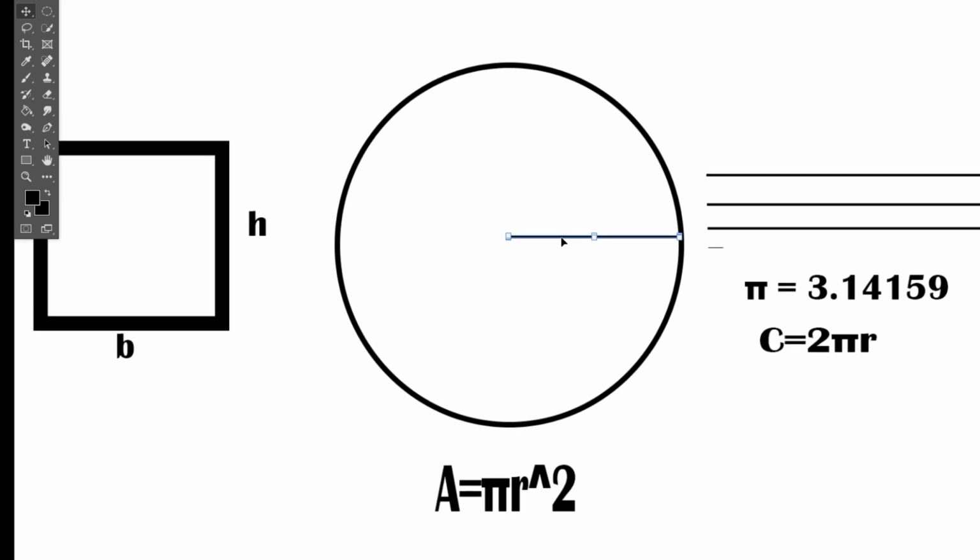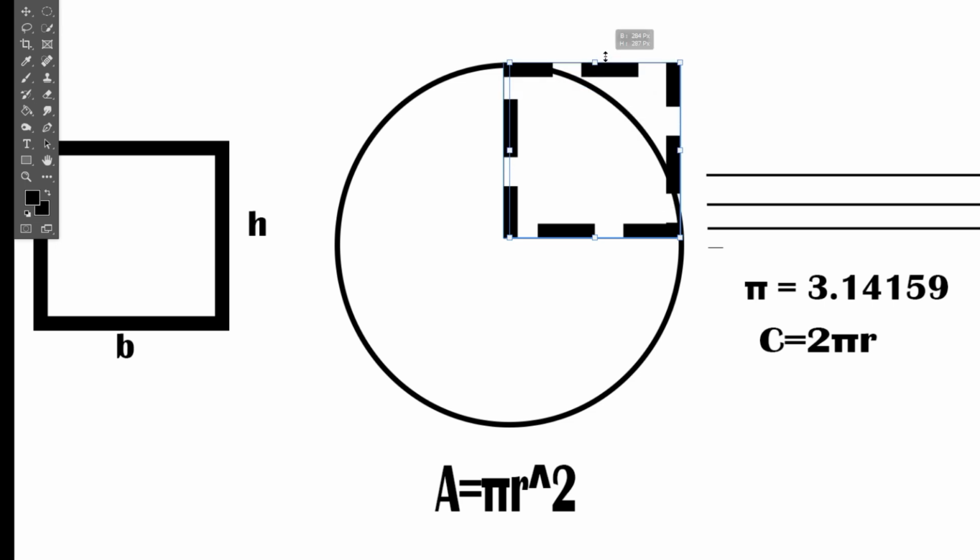And the height is the same height as the radius itself. So in other words, it should reach until the top of the circle. And if we square this thing, we essentially create a square, of course, that reaches to its top.